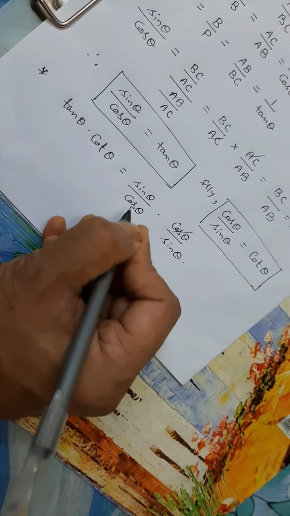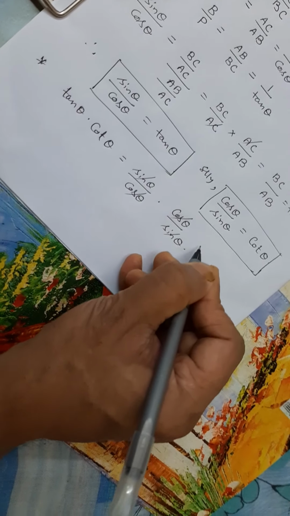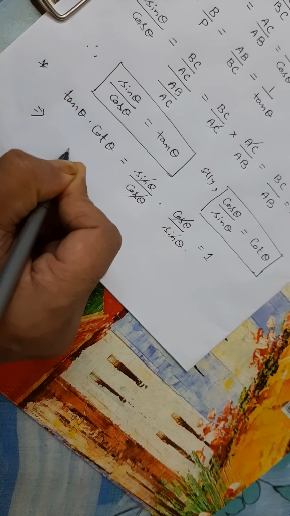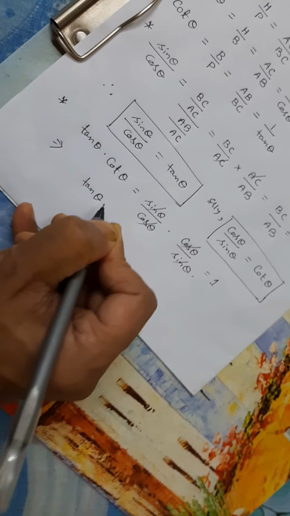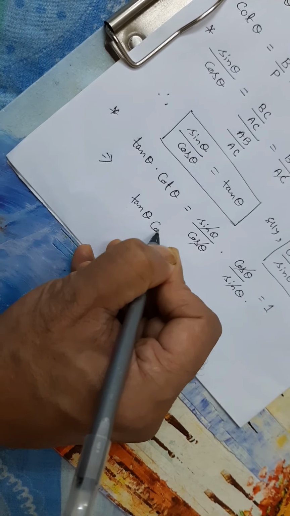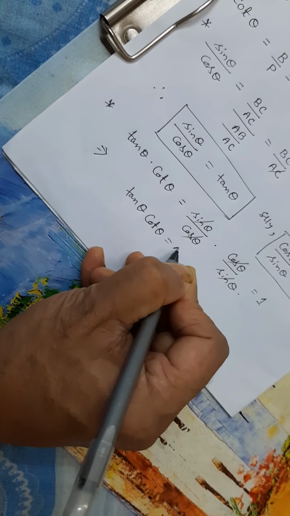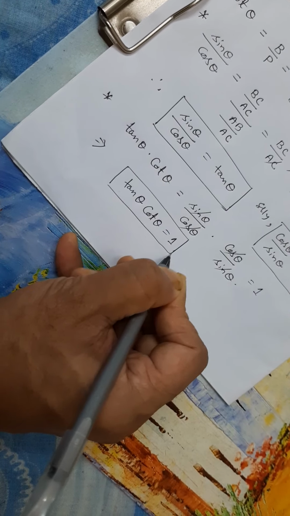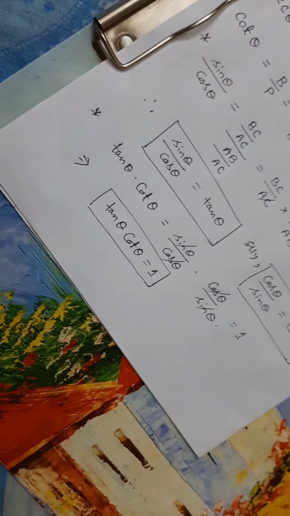Then cos cancels, sin cancels, so this is equal to 1. So tan theta into cot theta equal to 1.